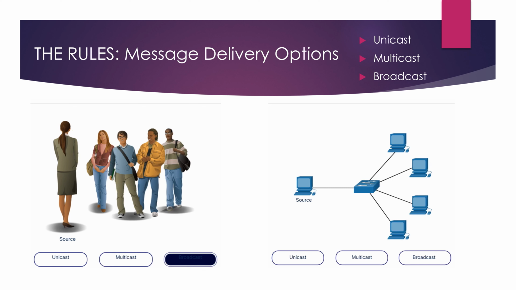And broadcast, where the information is being transmitted to all end devices. As you can see here, the source is trying to communicate only with one end device. In multicast communication, a source is trying to communicate with more than one end device. And in broadcast, the source is trying to communicate with all devices that are connected to the network.